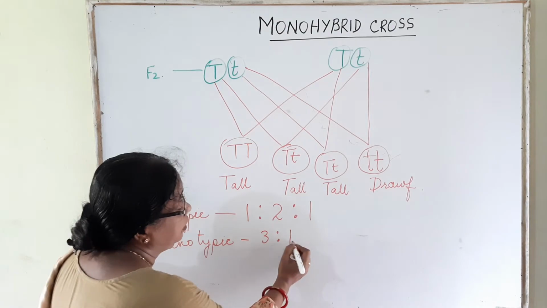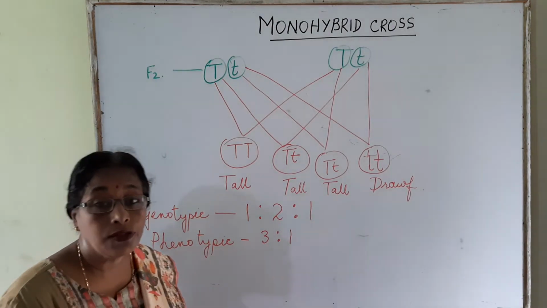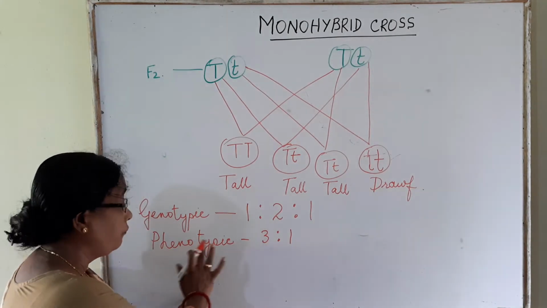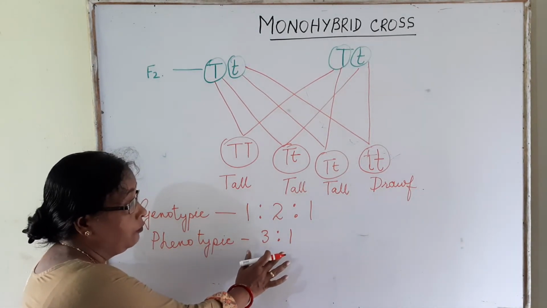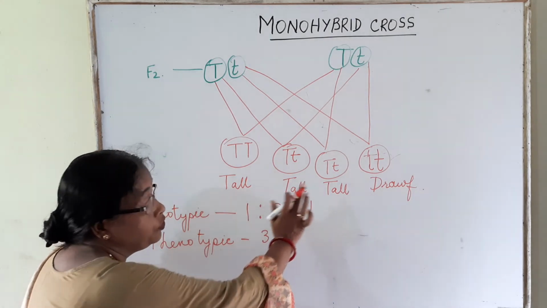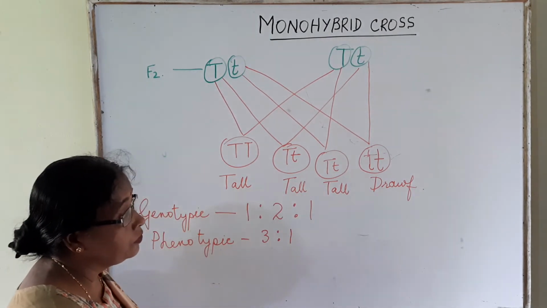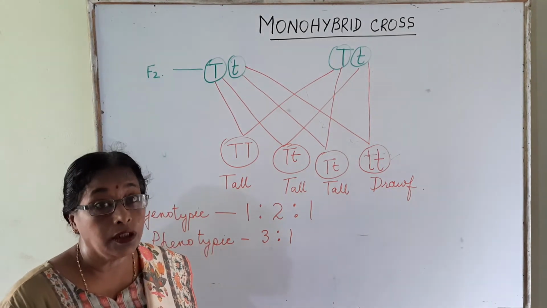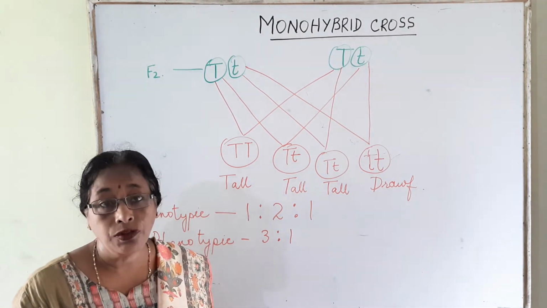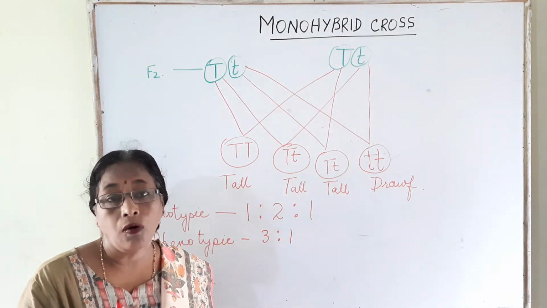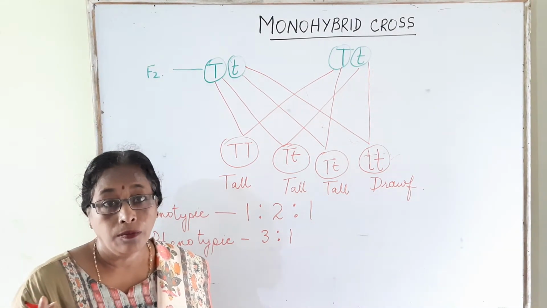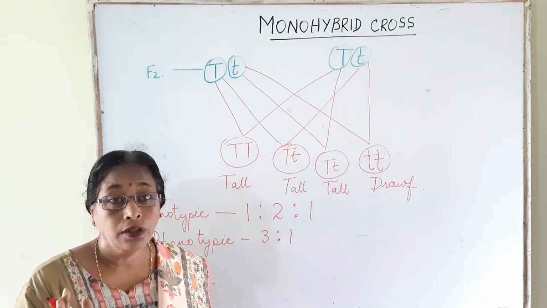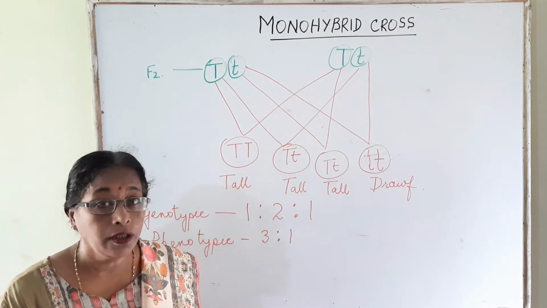So phenotypically we get a ratio of 3:1. That means 3 progenies are tall and 1 progeny is dwarf. That is, 1 recessive character is seen, which was not seen in the F1 generation. In the F1 generation, all the progenies were tall, but in the F2 generation, the recessive character reappeared, which was not found in the F1 generation.